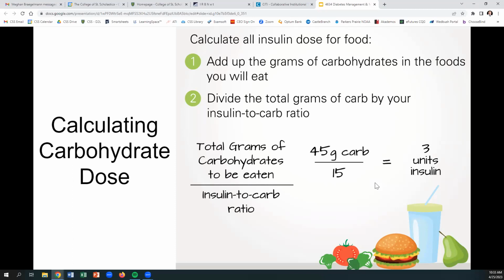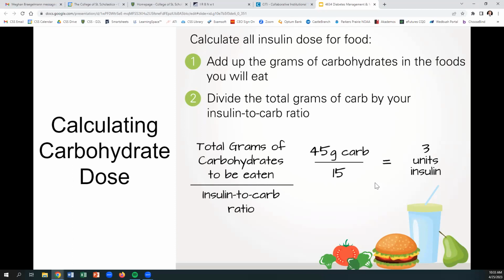So we take the total grams of carbohydrate that was eaten. We divide that by that insulin to carb ratio, which is most commonly 15. So in this example, the patient ate 45 grams of carbohydrate. We divide that by 15. The patient is going to get 3 units of insulin. Okay, 3 units of insulin.